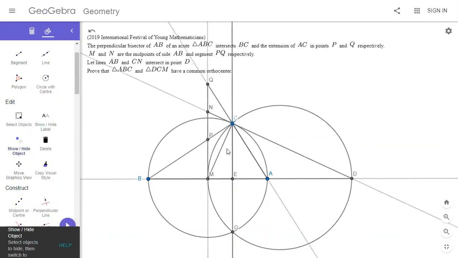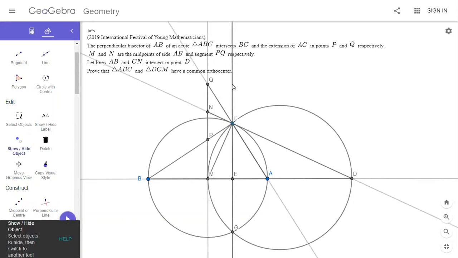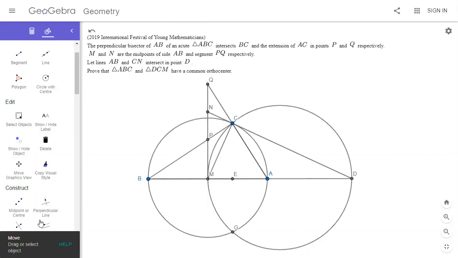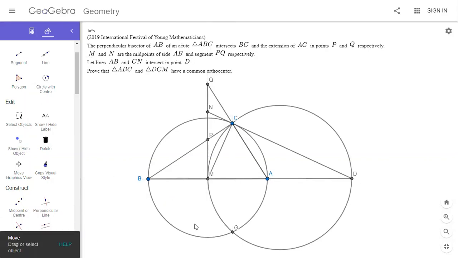Yeah, so basically, let me let the circles meet at point G. I just want to show that CG is perpendicular to AB. That seems like it has to be obvious, right? Today's just not my day.